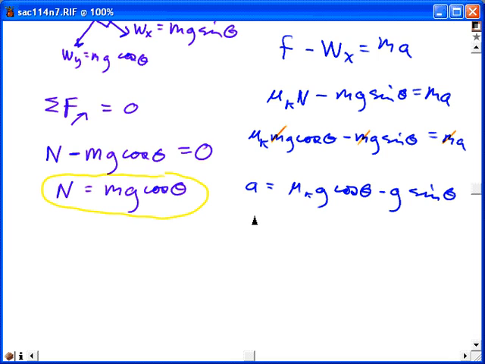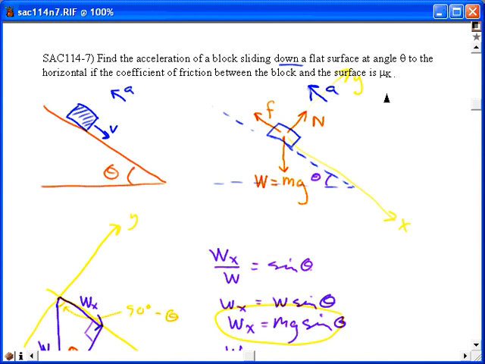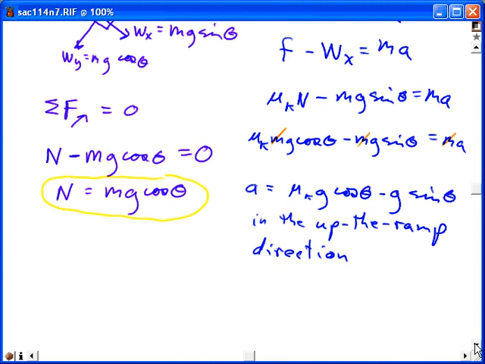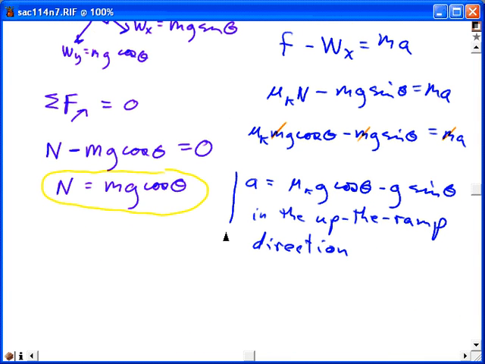Let's go ahead and write that in the up the ramp direction, which is, of course, the direction along, parallel to the surface of the ramp, which narrows it down to either that way or that way, and the up the ramp direction is that way, the way that we've indicated in the diagram. So acceleration is a vector. We should give magnitude and direction, and we've given both.